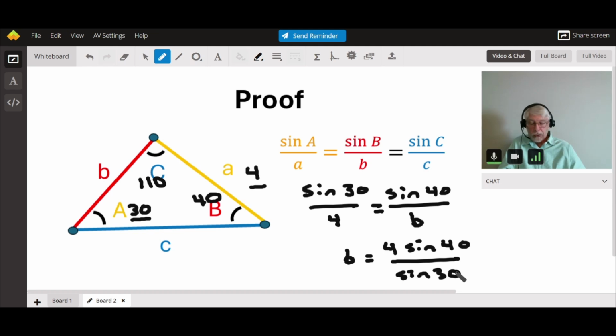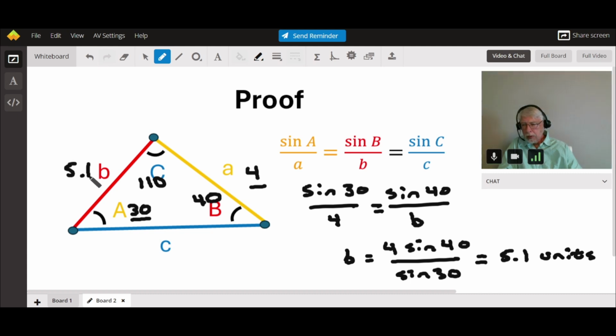I'm going to round to the nearest tenth, so 5.1 units. And since we have not been given an actual unit of measure, we're just going to call them units. So this is 5.1. So now we have our 4 units that we started with, we have our 5.1.